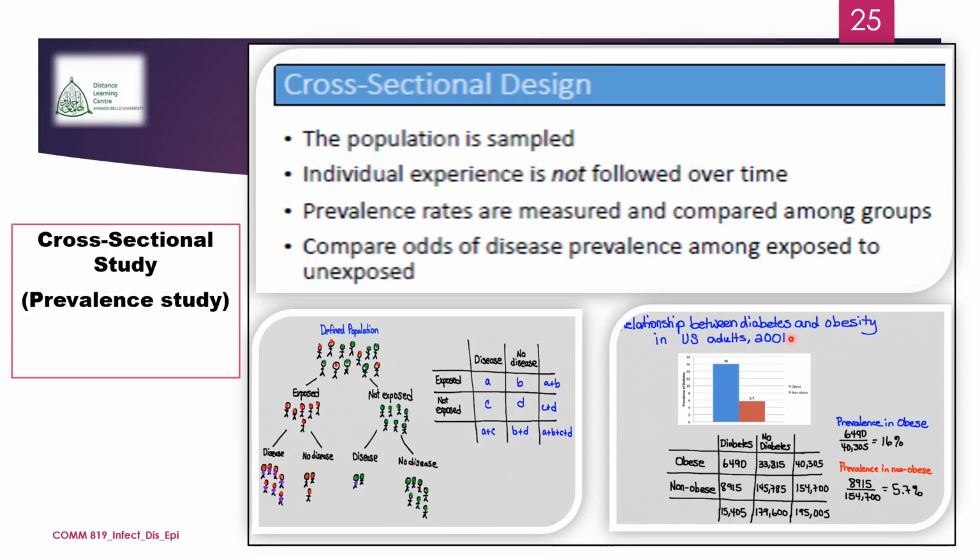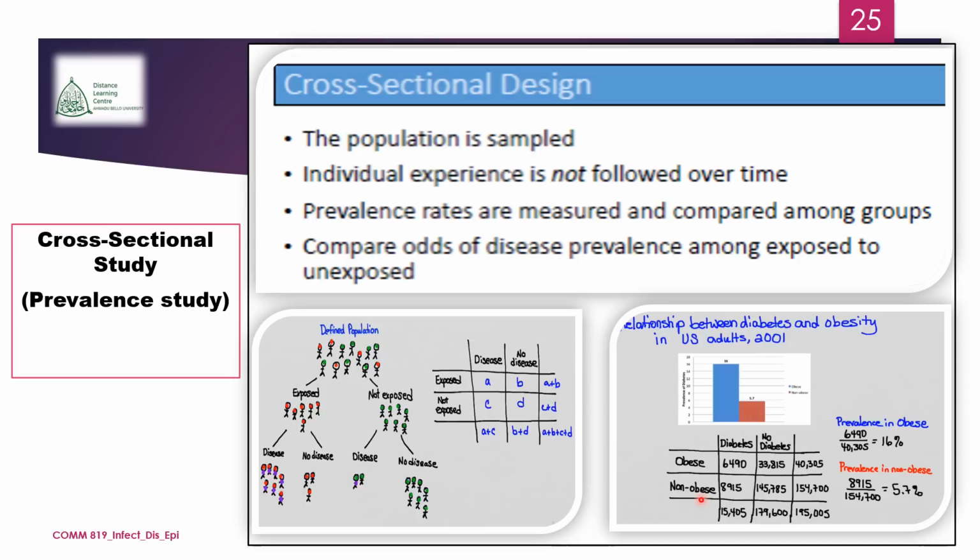We are trying to compare whether obesity is associated with diabetes. Based on the prevalence study, you observe that those who are obese usually have a higher prevalence of diabetes in comparison to non-obese individuals.